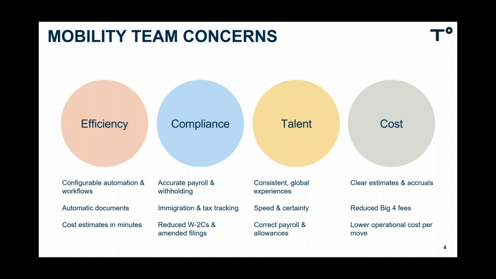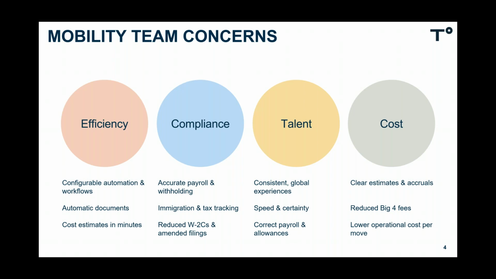How can they take away some of that manual, laborious work that is frequently handled by the global mobility function? And how can they transition that into an automated and efficient solution to allow them more free time to be strategic business partners? Things like automatic document generation.